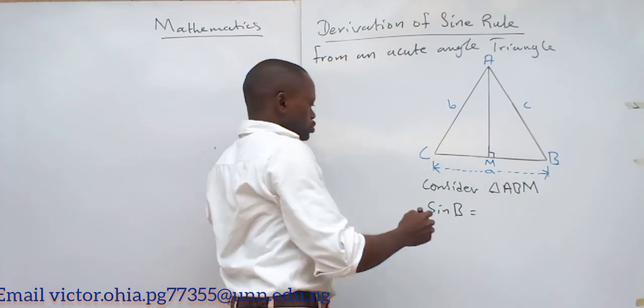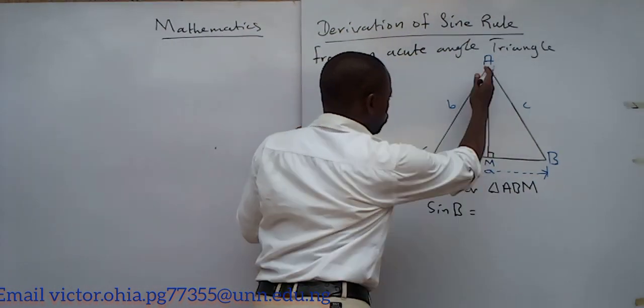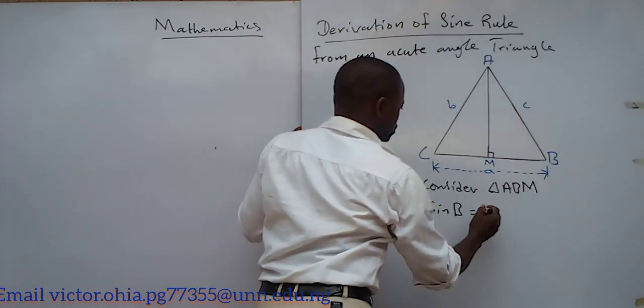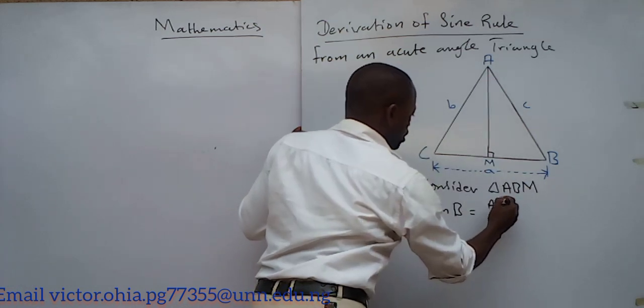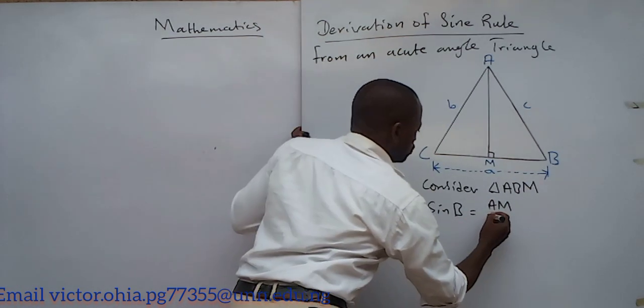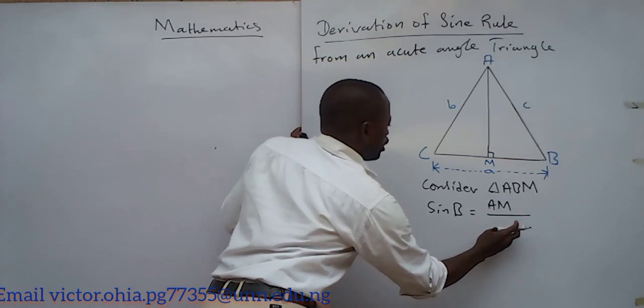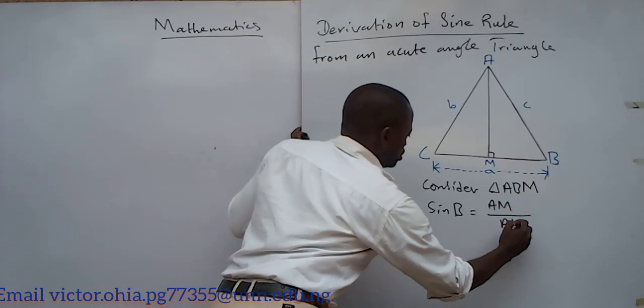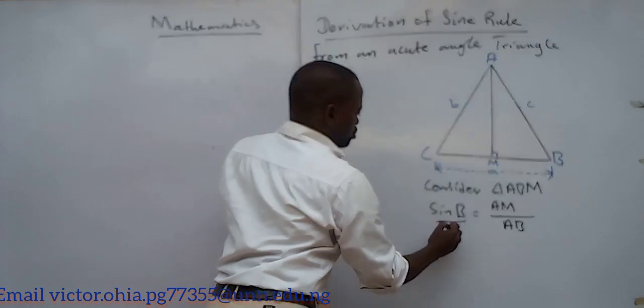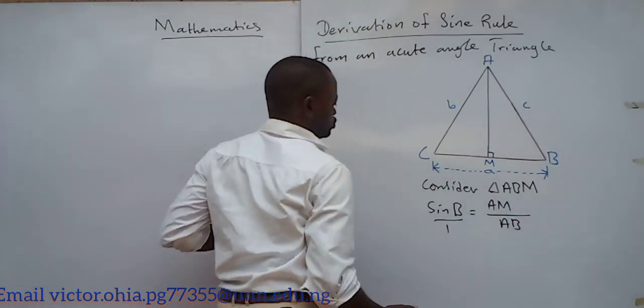The opposite side facing this angle is AM, over the hypotenuse, which is AB. Let me make this a fraction.